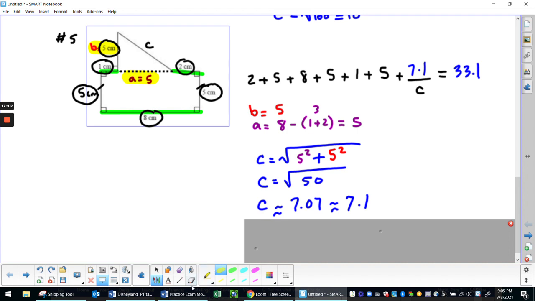And our final answer came out to be 33.1 centimeters. Okay? So hopefully you got a good idea of how to solve composite figures and use the Pythagorean theorem as well.